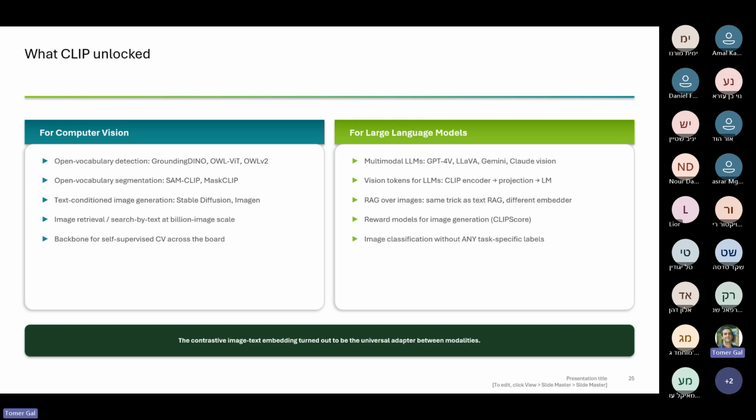So overall, it gives you, like I told you before, a sort of RAG over images. It's exactly the same trick that is used in RAG, but the embedding is a different one.